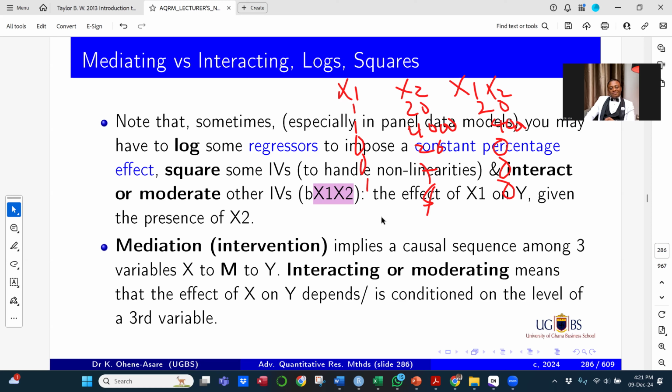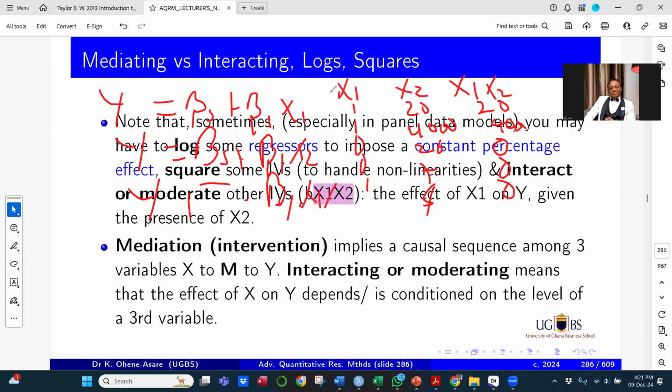And the next one is that this time you will use x1, x2 alone as one variable. So you can run the model between y and x1, and then y and x2, and then y and beta 1, x1, x2.